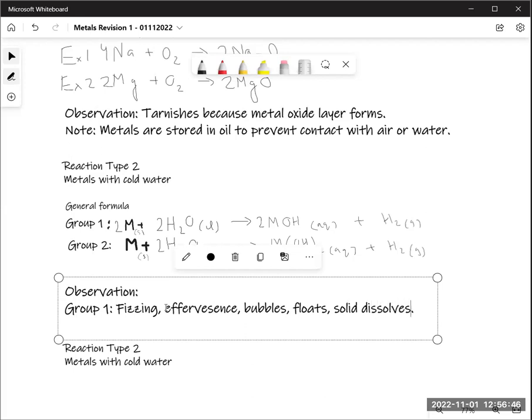These are all possible answers you can write in the exam. Now, let's remove fizzing and effervescence because they're the same thing. Effervescence means fizzing, right?